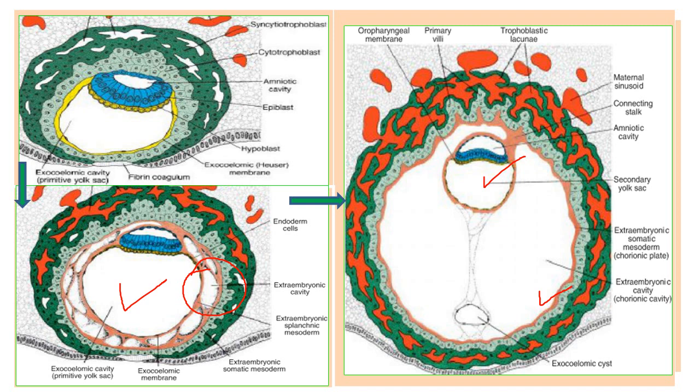So this is going to form the extra embryonic mesoderm, and this mesoderm later spreads at the boundary of the yolk sac as well as the future embryo, on the embryonic side.